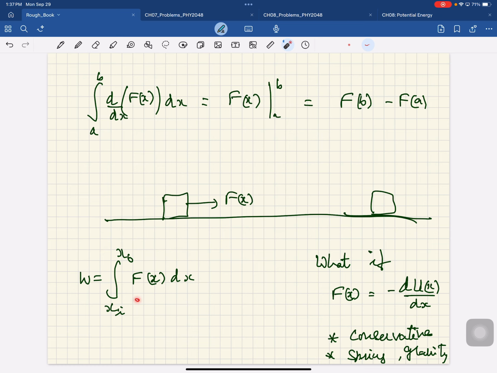We did this integral for a couple of different forces. You saw the spring force, we did it for the bungee force and all that. For most of the forces, if this force can be written as the derivative of a scalar function, then let's see what happens.